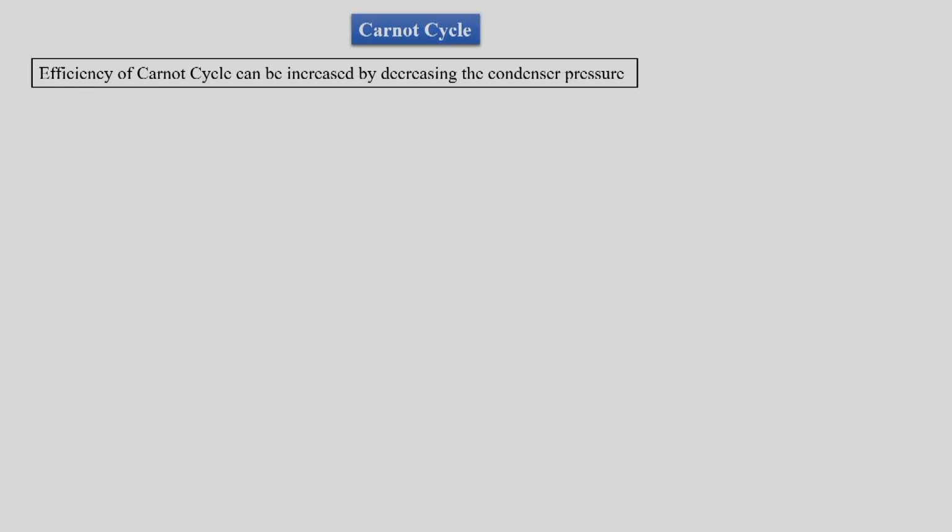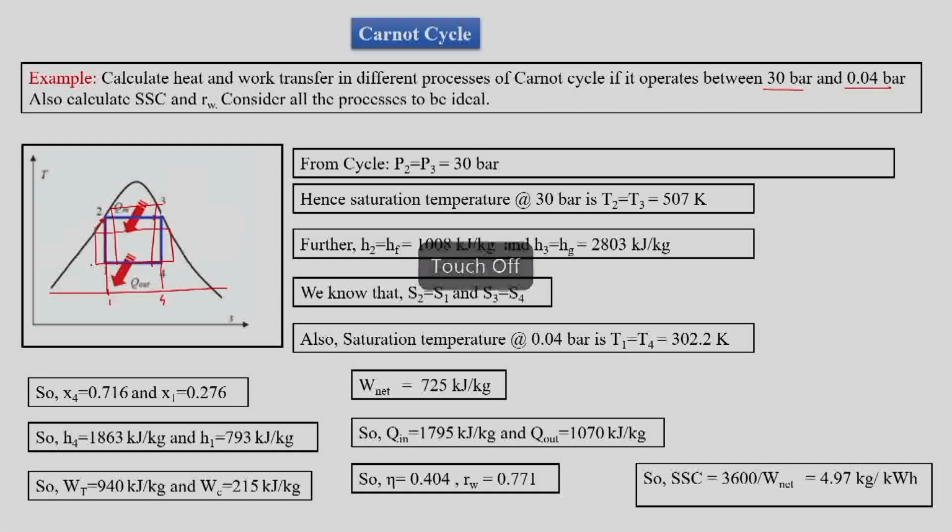Here the efficiency of the Carnot cycle can be increased by decreasing the condenser pressure. We know that the efficiency of the Carnot cycle is 1 minus T low divided by T high. Here T low is the condenser temperature, and the condenser pressure is a saturation pressure, so this is a phase change process and we have the same temperature.